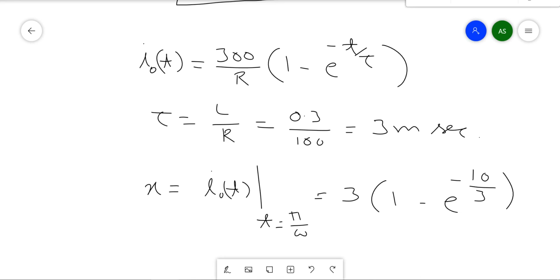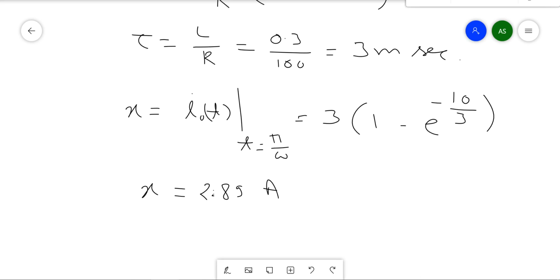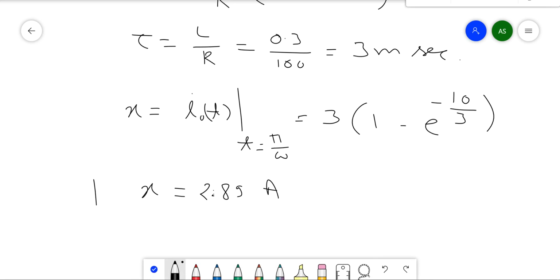So the value of x will be 2.89 ampere. Okay, and similarly now how we will calculate the value of y? We have calculated this x.